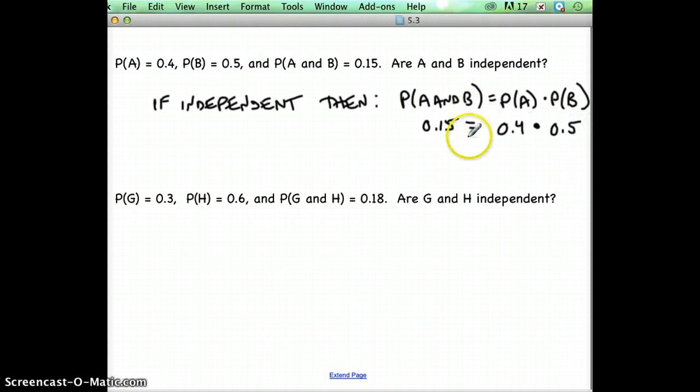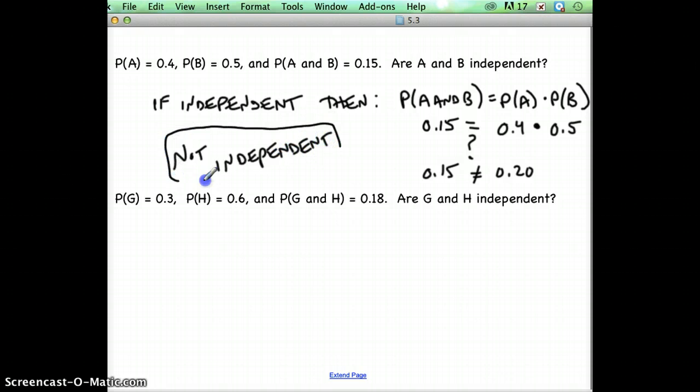Now, is that a true statement? No. 0.15 does not equal 0.20. So these are not independent, because they do not follow the rule that they should.